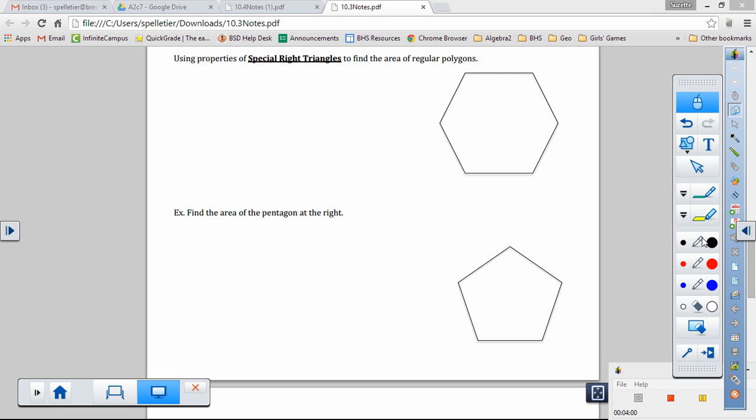All right. So let's first label what you need to know about this figure. Okay. So what's given to you in this figure? Here's what you have. So we're going to put the center in, and this is a 10 millimeter length side.